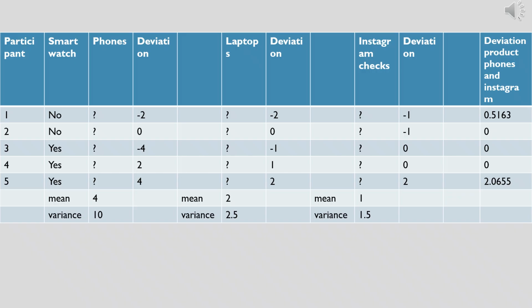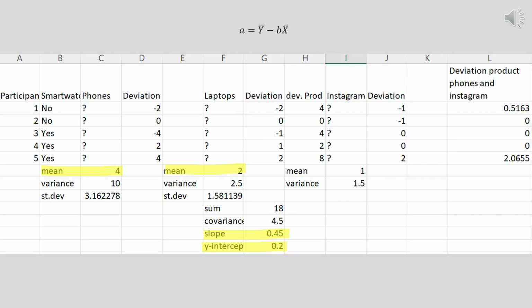So please calculate the y-intercept for a line of best fit that is trying to predict the number of laptops owned from the number of phones owned. Well, to find out the y-intercept, which is denoted as the letter a, you need to take the mean of the y variable and subtract the product of the slope and the mean for x.